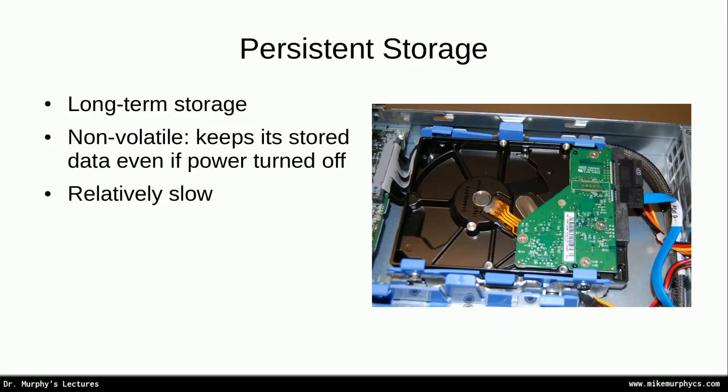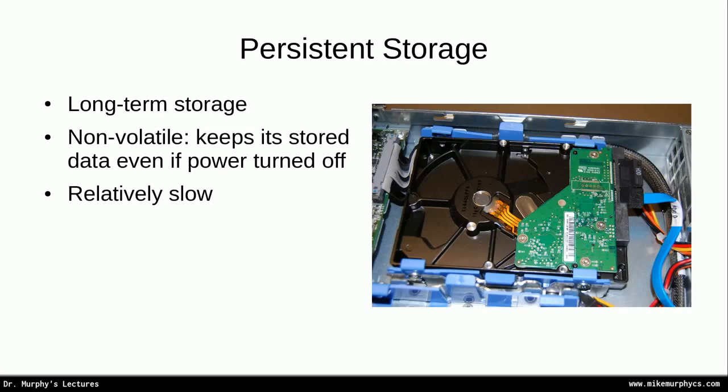Compared to RAM, they are significantly slower, and in fact, they would not be practical for working with data directly from the CPU, because the CPU is just so much faster than these devices. So what RAM does is it provides us with a buffer between these really slow devices and the really fast CPU, and that improves the efficiency of the system.